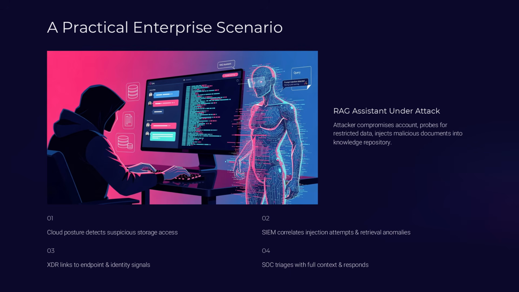Automation enriches the incident with context, including model version, retrieval source identifiers, and access decision logs. The Security Operations Center triages the incident quickly and applies response actions aligned with governance policy. This is enterprise readiness. Without integration, these signals remain isolated, and the incident may go undetected until major exposure occurs.